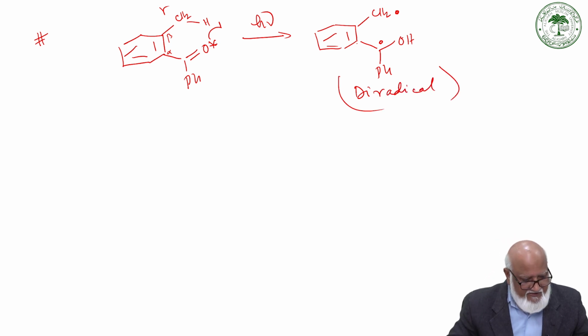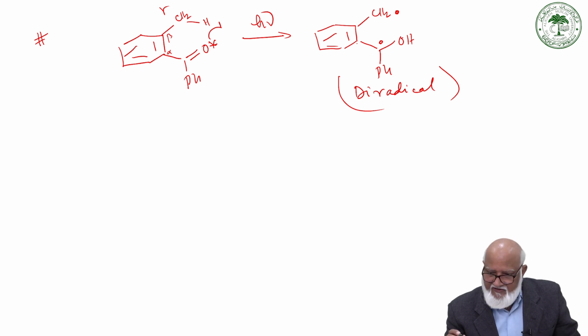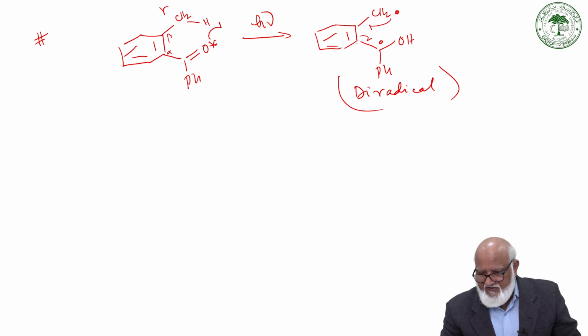This diradical species, as in the previous case, has the radicals in conjugation with the double bond, so we can get a species like this.